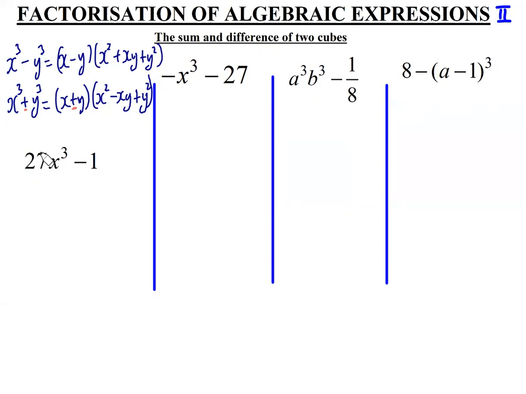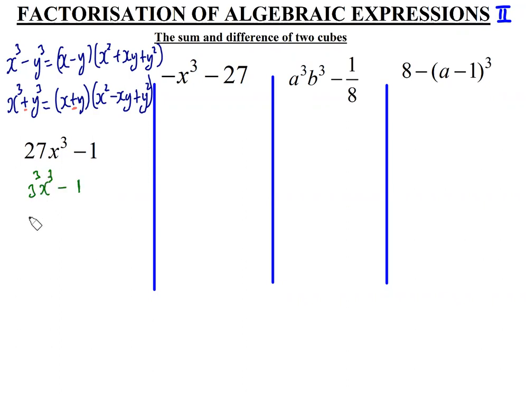So let's have a look here and understand how to do this question, which is 27x cubed minus 1. What we are simply doing here is that we can simplify it and say 27 is 3 cubed, x cubed minus 1.